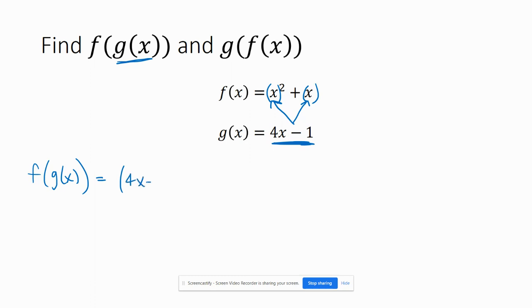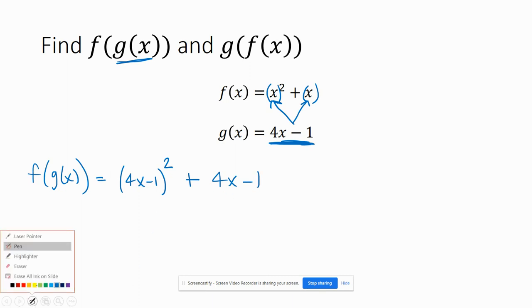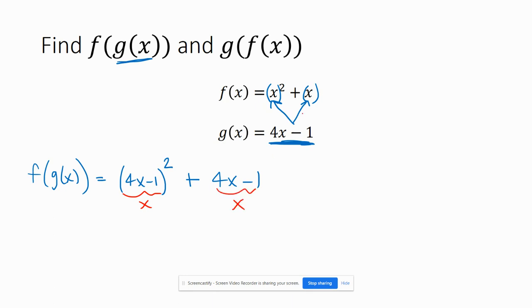So 4x minus 1 squared because it says x squared. And then plus x again, but x is getting replaced with 4x minus 1. Another way to think of this is like saying x squared plus x, just like we had in the original.